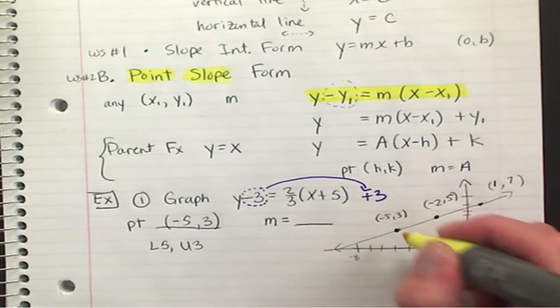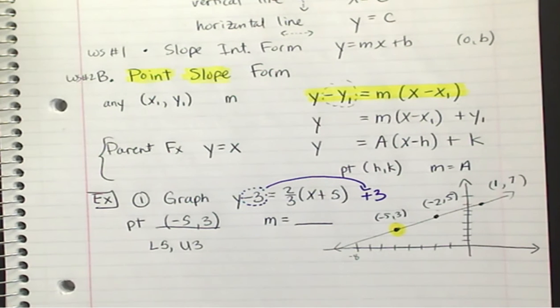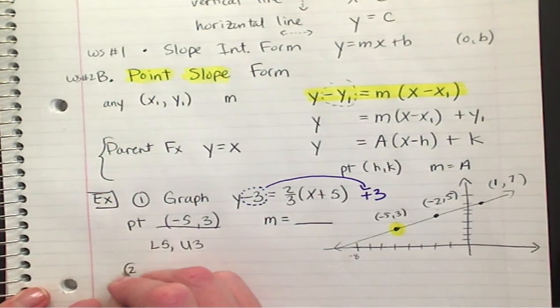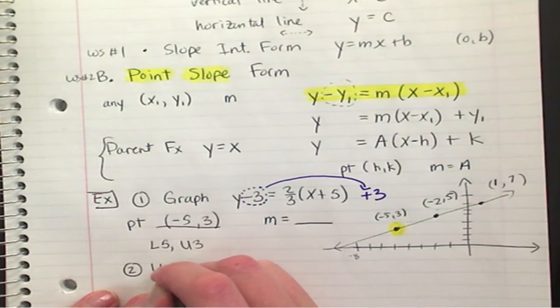Now I'm going to just highlight this dot because that's where I started the graph so that I can keep track of what I was doing. Okay, second example, write the equation.